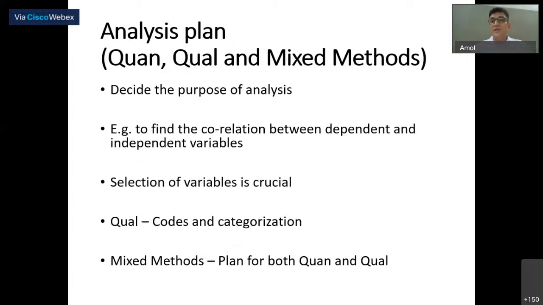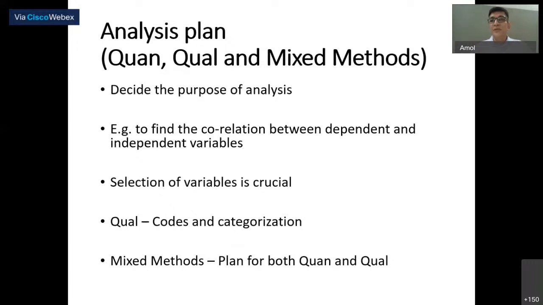So selection of variables is crucial, and start thinking about variables when you are developing the protocol. A good selection of variables will help you to measure your outcomes, I would say, in a more precise and more scientific way.